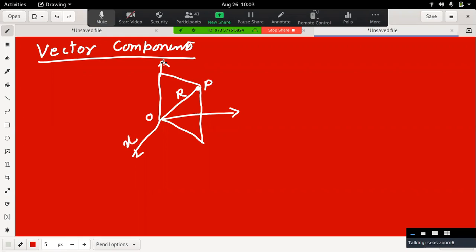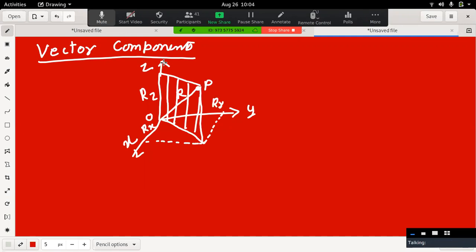Let's say this is x, this is y, this is z, just random, and this was the point P. Then if the radius vector is r, this component is equal to rz, and on this plane it has two values, that is rx and this is ry.